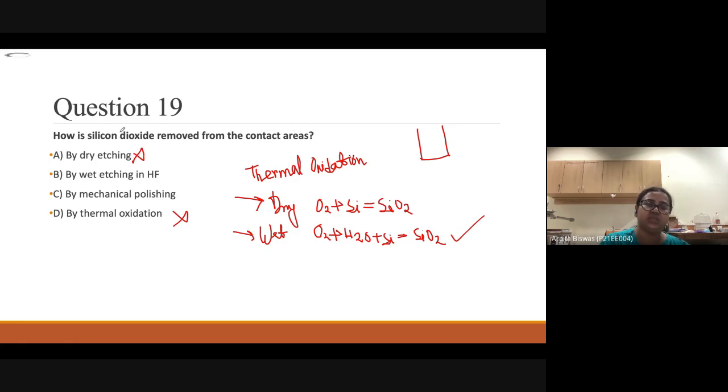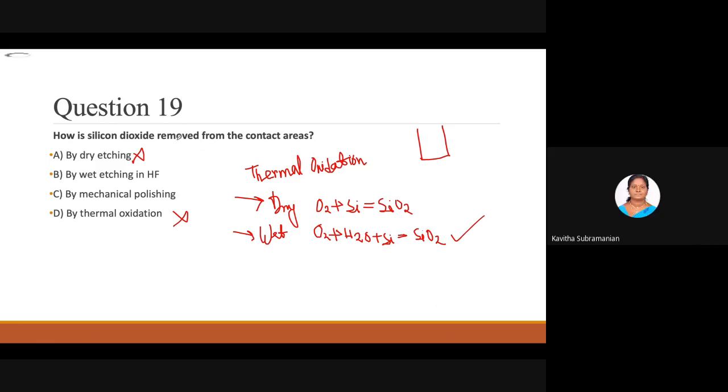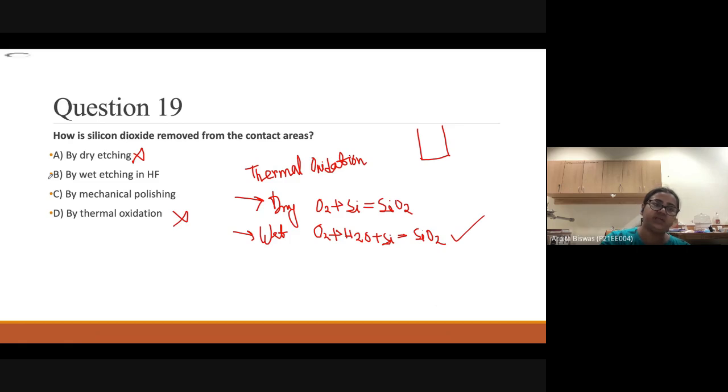Then for the contact area, hydrofluoric acid, ma'am. Isotropic wet etching in HF. They use wet etching in HF solution. The oxide layer can be removed by BHF solution. Okay, so the right option is option B.